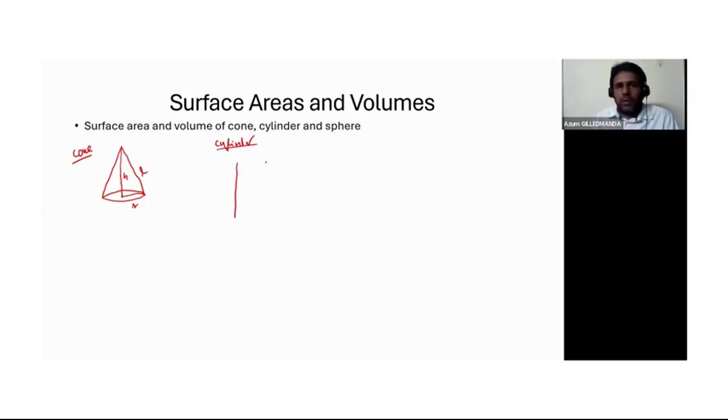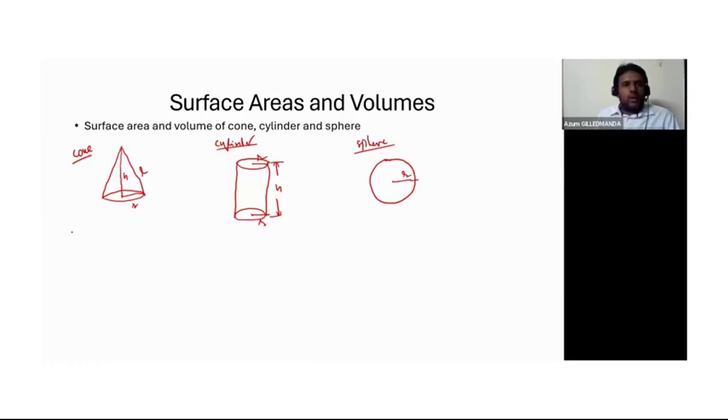So a cylinder is like a water pipe which has a circular bottom and circular top. The radius is uniform, which is r, and this height is nothing but h. And this is also r. That's the cylinder. Now sphere. So a sphere is like a ball which has a radius r.